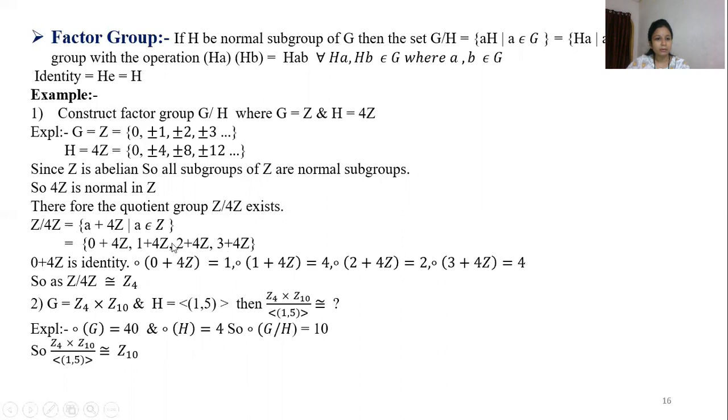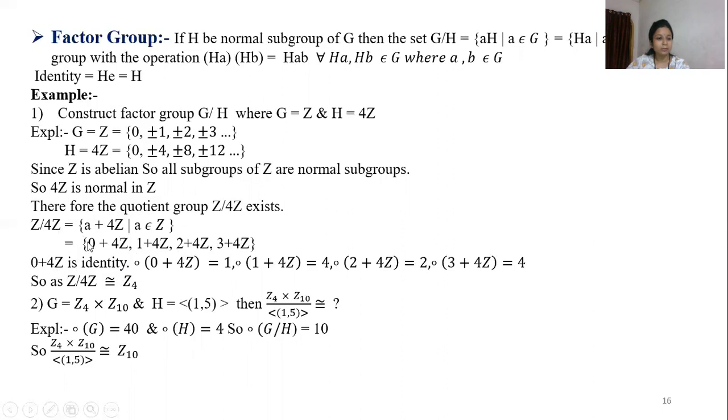Why not 4 + 4Z? 4 + 4Z coincides with 0 + 4Z. Why are we not including 5 + 4Z? 5 + 4Z coincides with 1 + 4Z. We are taking simply the distinct elements of Z/4Z. We are obtaining 4 elements: 0 + 4Z, 1 + 4Z, 2 + 4Z, 3 + 4Z.